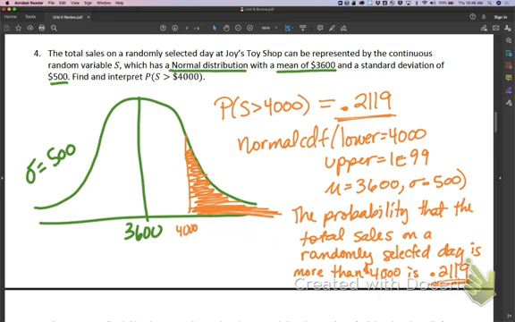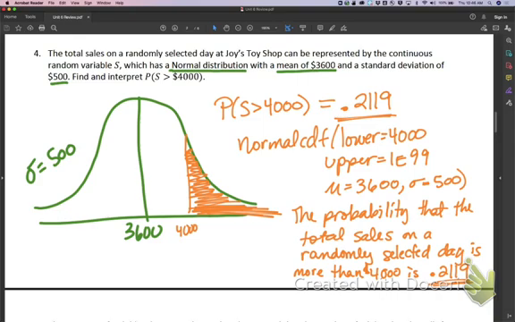And that is number 4. All right, now all of those questions, number 1, 2, 3, and 4, all came out of section 6.1 from this chapter. So if you need any extra help on any of those, I would look over 6.1.